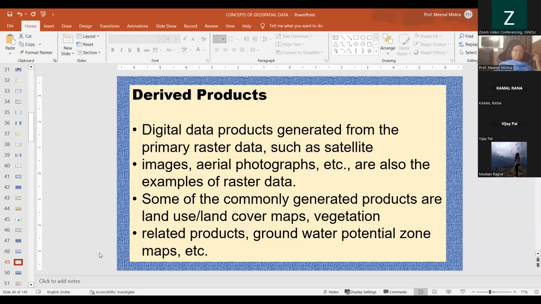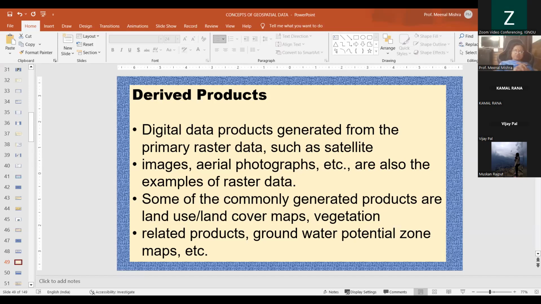And then one more term is derived product. What is a derived product? This is generated from the primary raster data, such as satellite data. And these aerial photographs and satellite images, they are derived products.